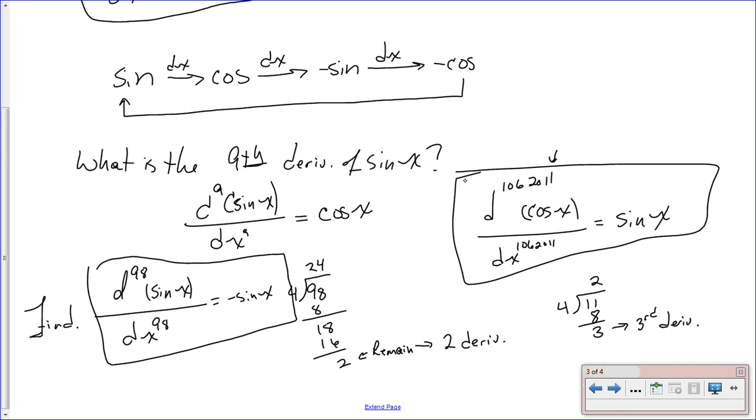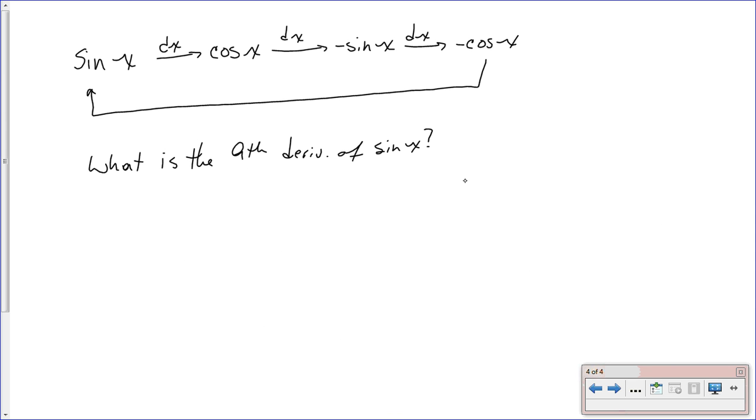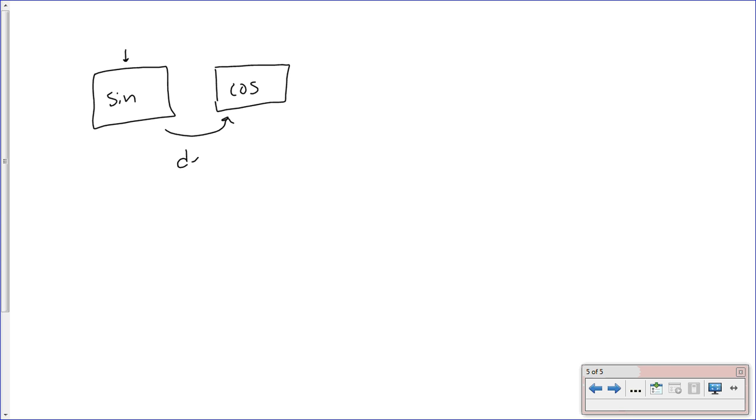Now, an easy way to look at this, normally, when you look at your calculator, you'll notice your sine button comes first, and your cosine button comes second. All right. Well, as long as you remember that you start with sine, the derivative of sine is cosine. Then what you do is you come full circle back around, but this time you multiply it by negative.